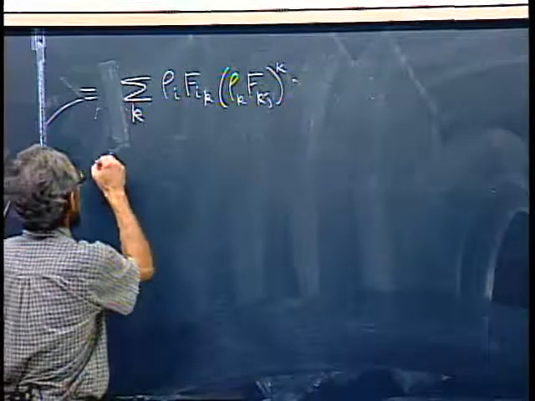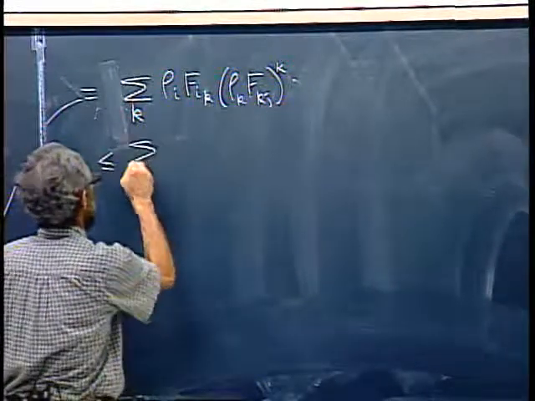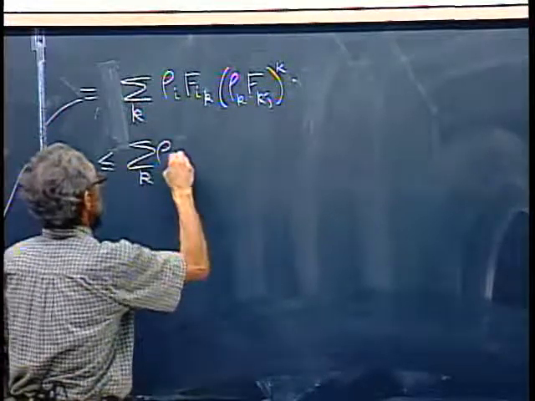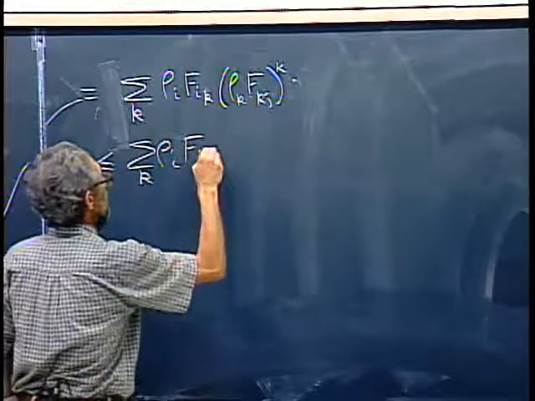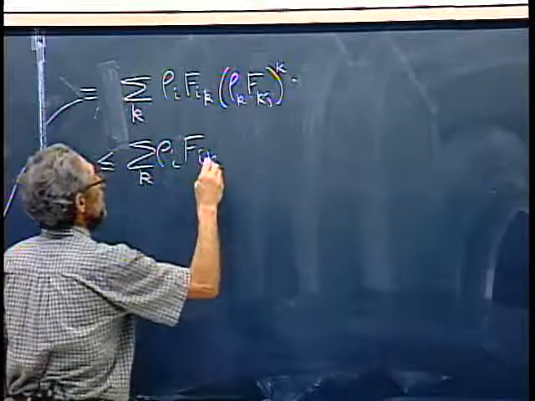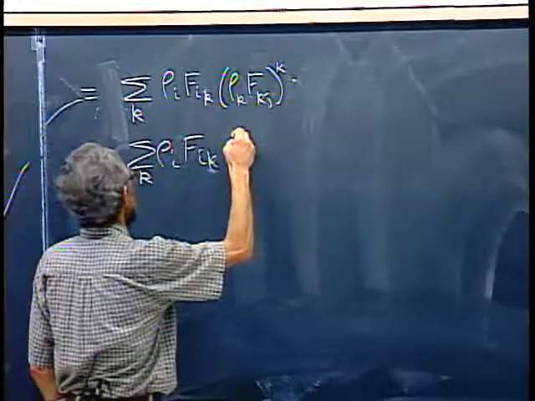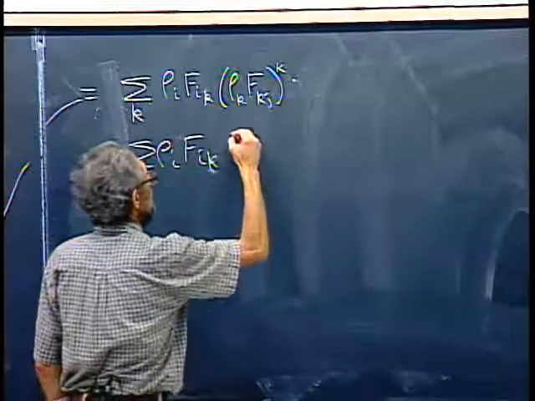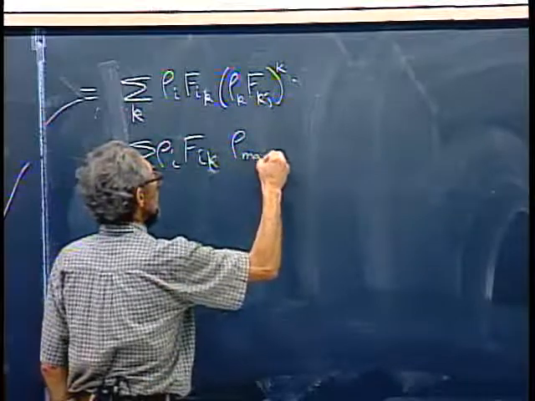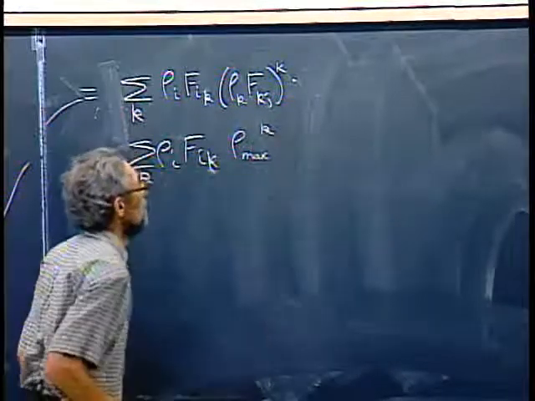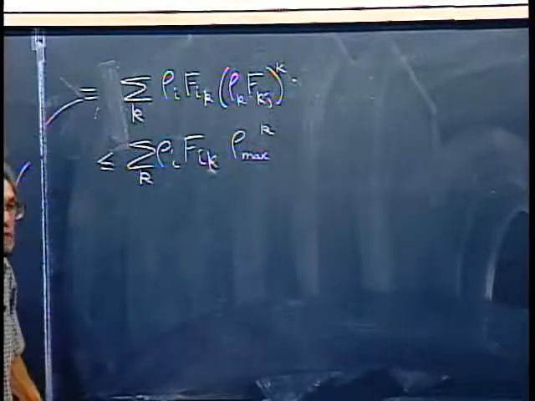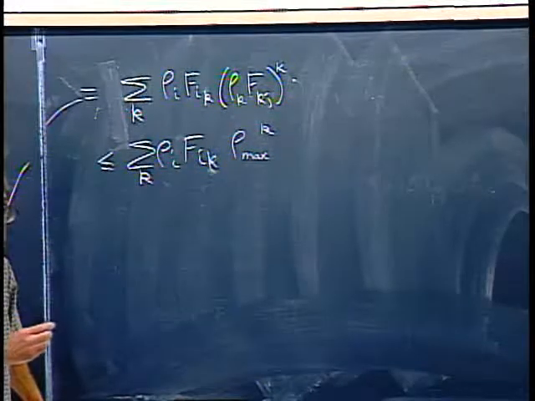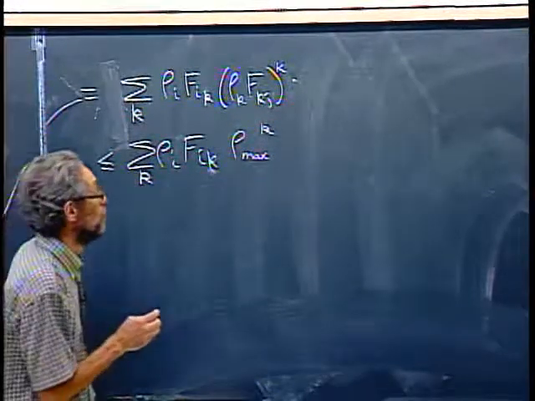And now my induction hypothesis says that this part here is less than or equal to rho max to the k, because I'm proving it by induction, and my induction hypothesis assumed it was true for k.